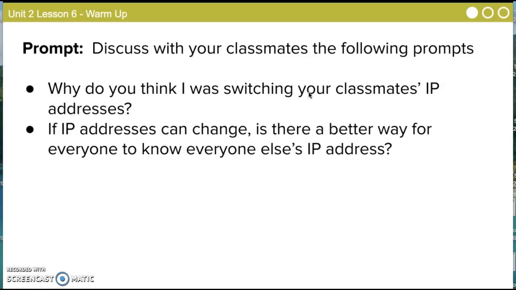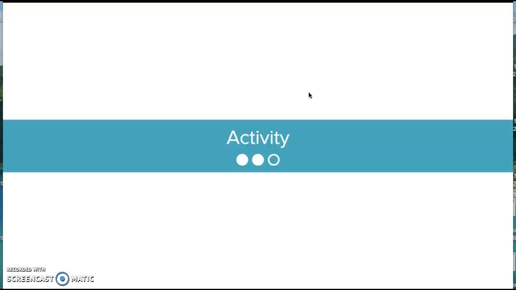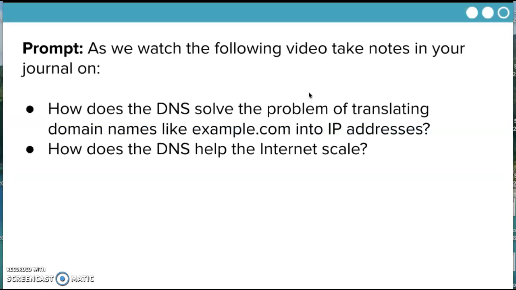And what better way would there be? Just think about that for a minute. And if we want to scale the internet to billions of devices, which there are billions of devices connected to the internet, then we need a better way to figure out one another's IP addresses. And this is what we're going to be discussing today.